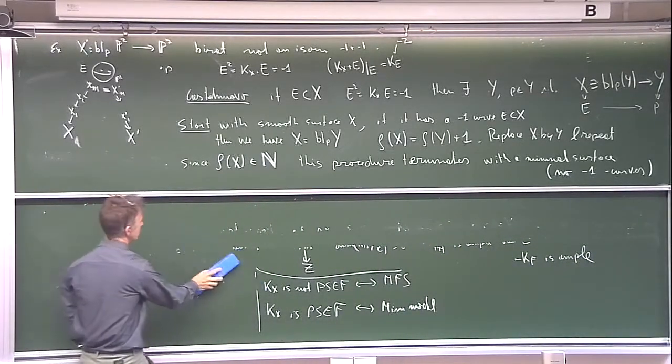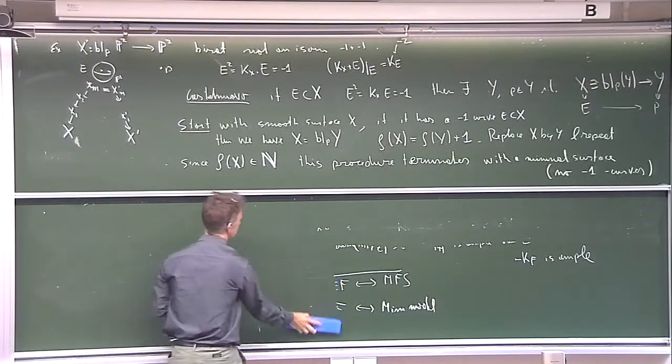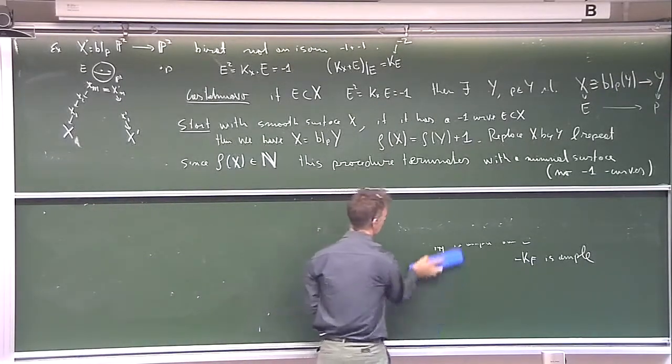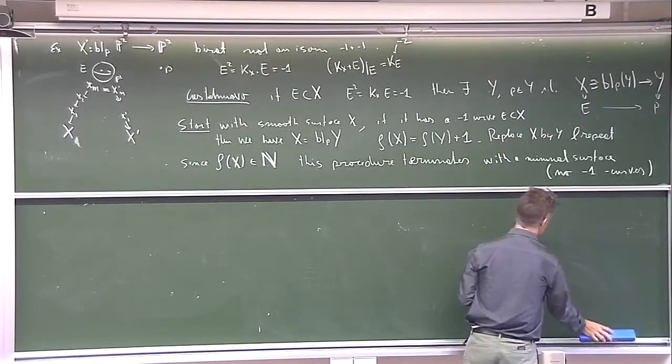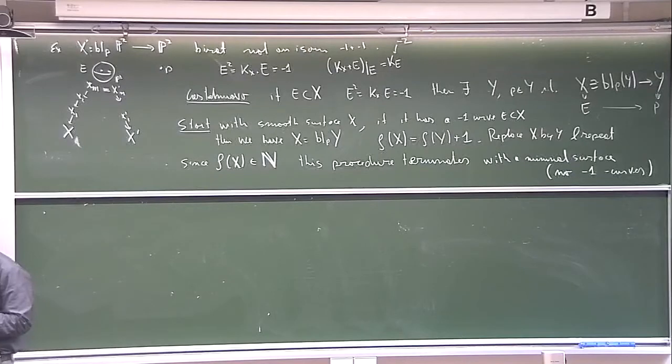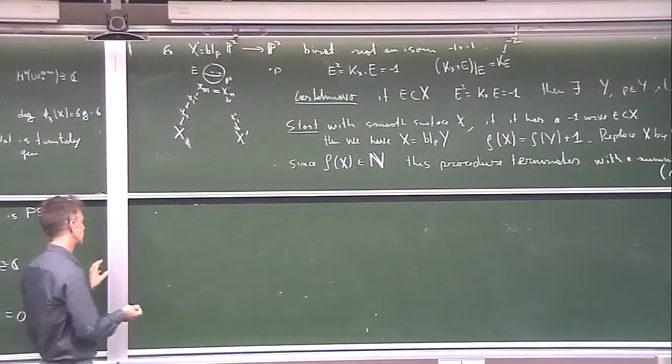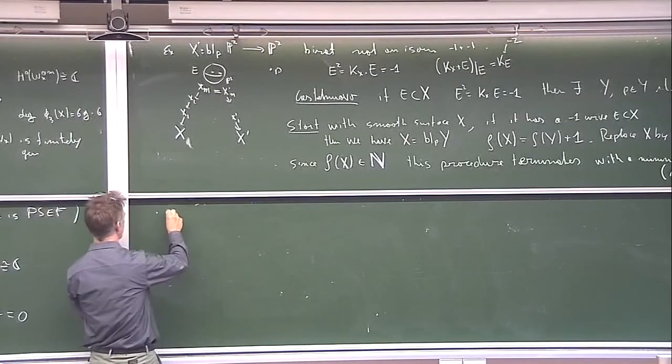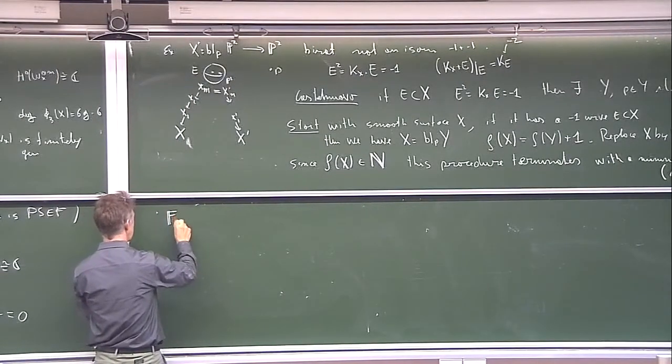So let me give you an example of a minimal surface which is not a minimal model. Right? So you could take, for example, the Hirzebruch surface Fn.